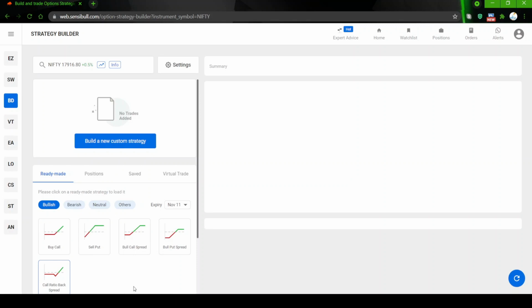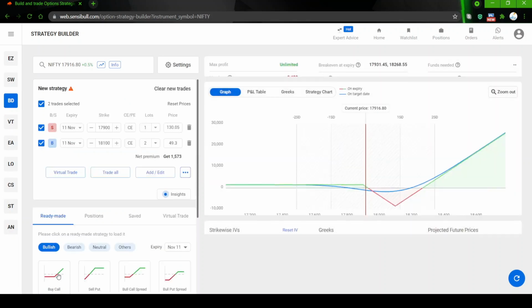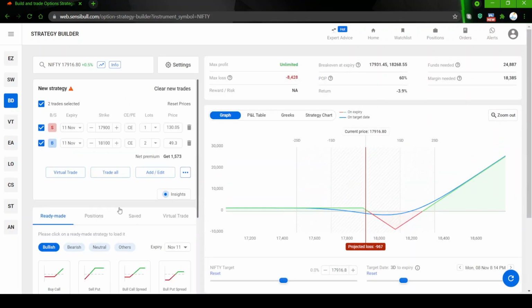Today I am going to show you how to do a call ratio back spread, in what situations we can use it, and what P&L we can expect. Let us open it, and during the explanation I will tell you the various scenarios. Okay, this is what the call ratio back spread will look like.